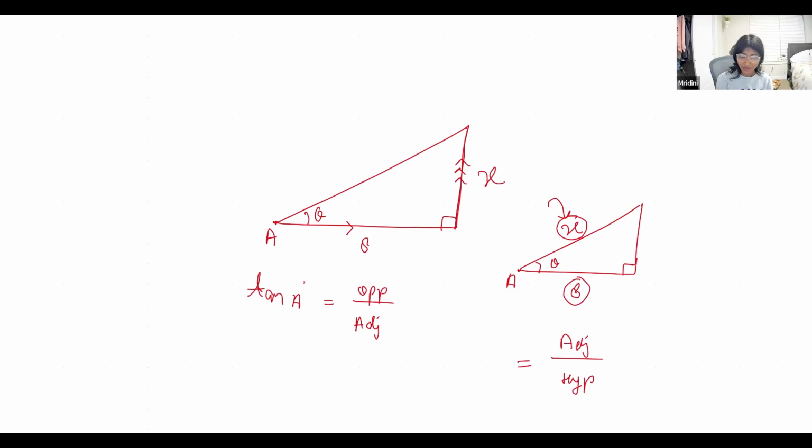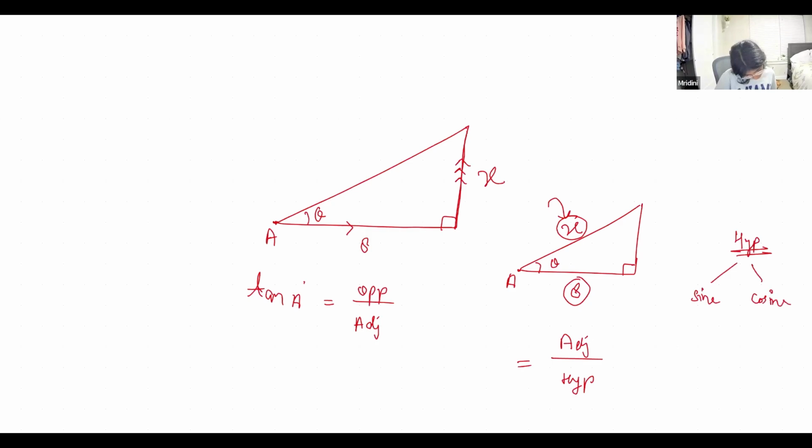Adjacent and hypotenuse. Check again. No, that's not tangent, that's cotangent. See, the hypotenuse is always involved with sine and cosine.